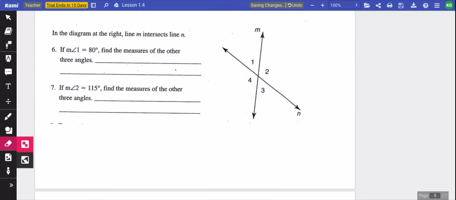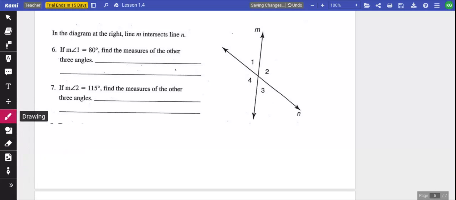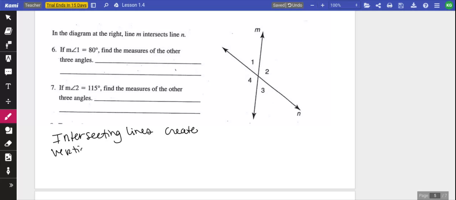In the diagram at the right, line M intersects line N. We have a definition here. Intersecting lines create vertical angles.